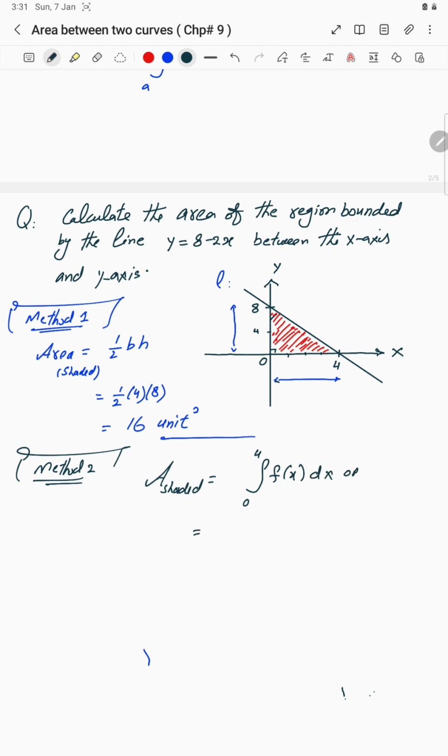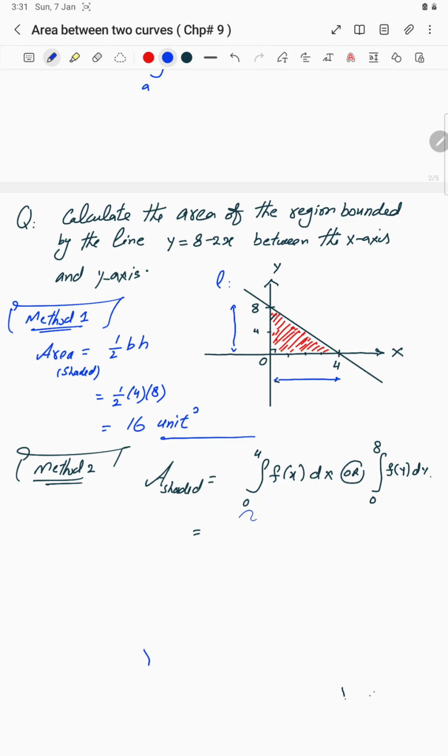Or you can apply it along the y-axis, 0 till 8, f of y d of y. So both will give you the same answer. You can apply any one method.